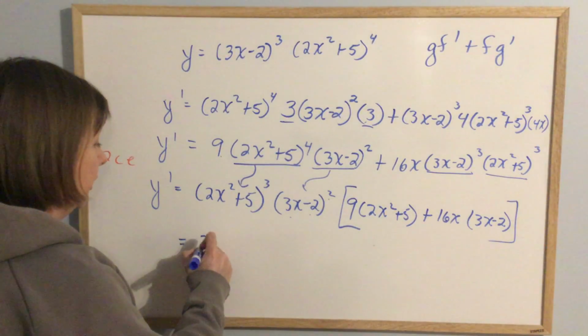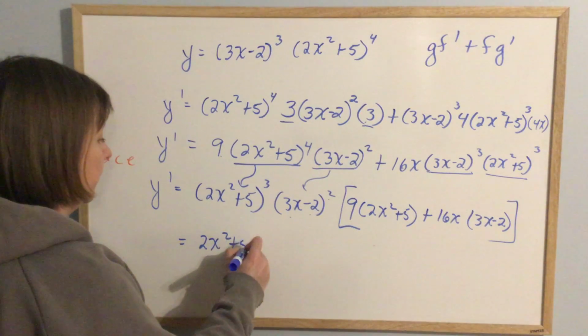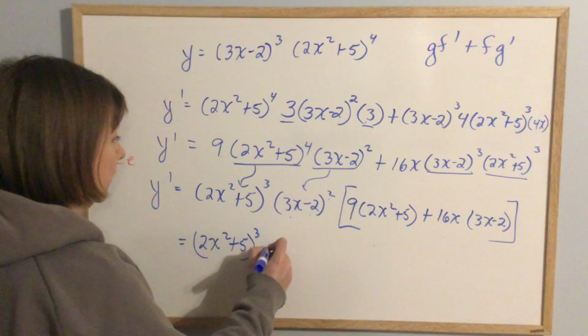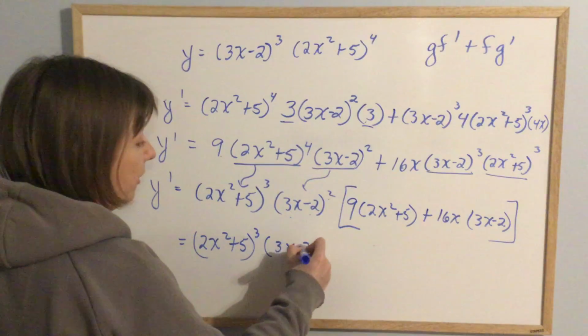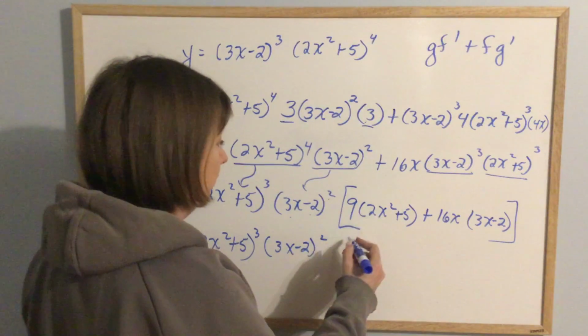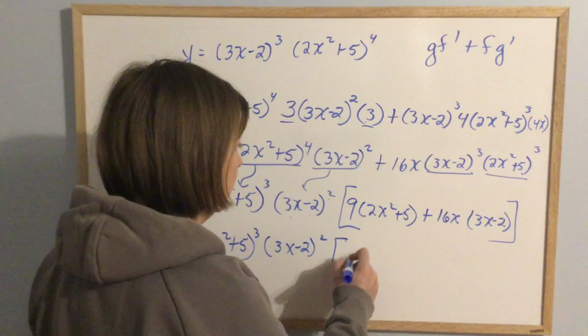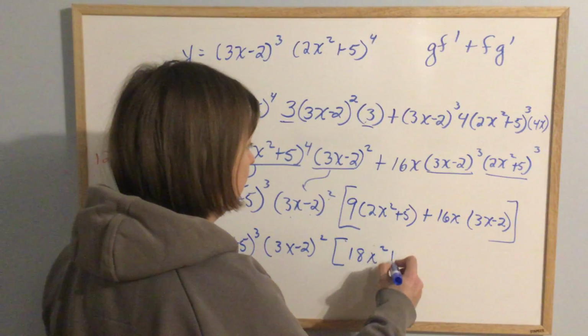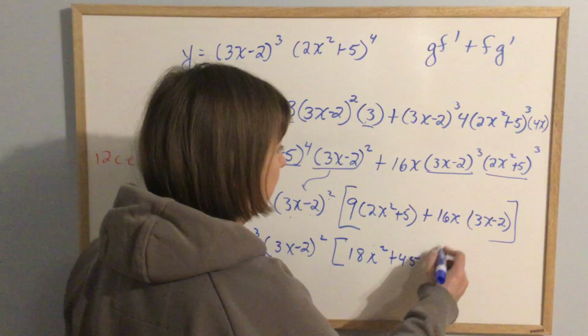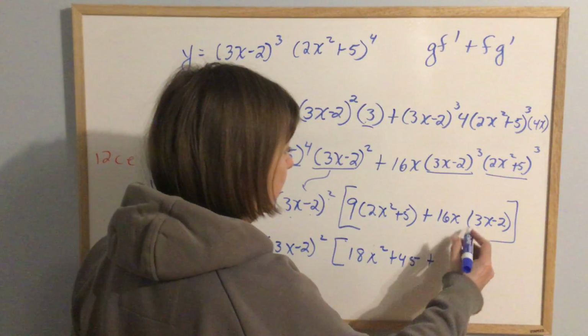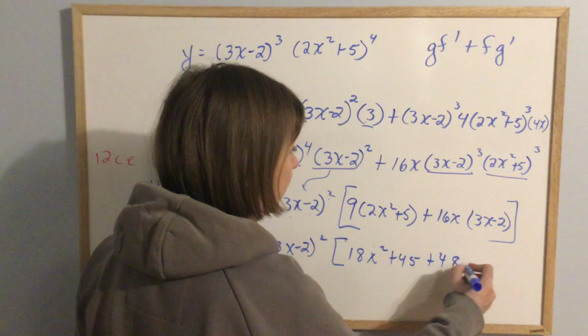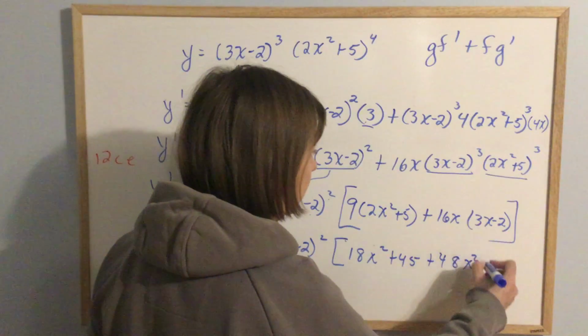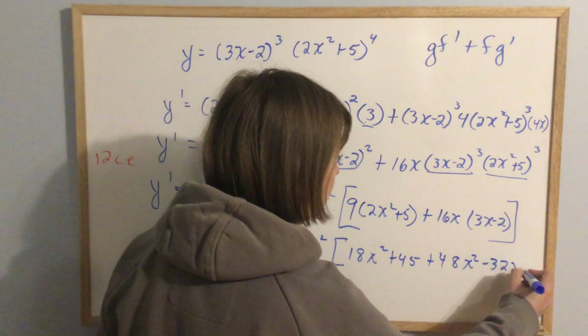So I have 2x squared plus 5 cubed times 3x minus 2 squared, and then what would this be? This would be 18x squared plus 45 plus 48x squared minus 32x.